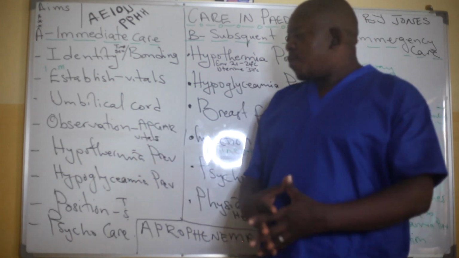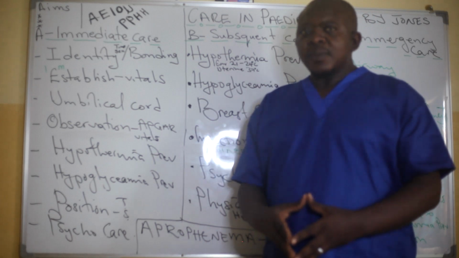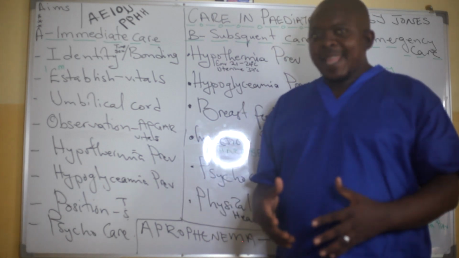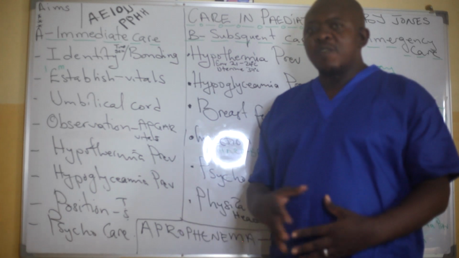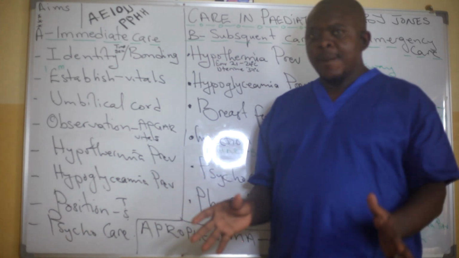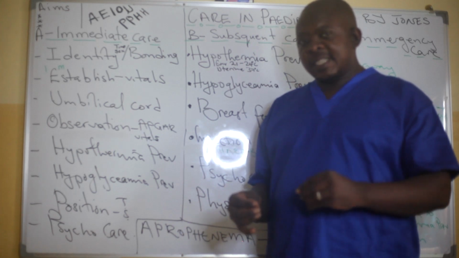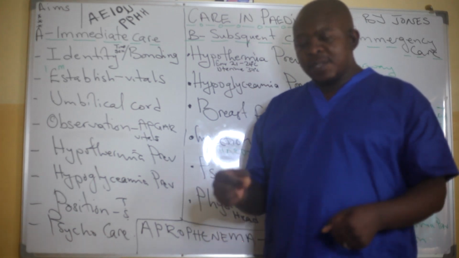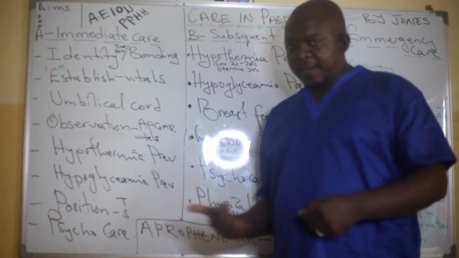Then we move on to observation. When talking about observation here in the immediate care of the newborn, it's mostly to do with the Apgar score. We have talked about this in our aims, that we need to appropriately score the baby according to the Apgar score.